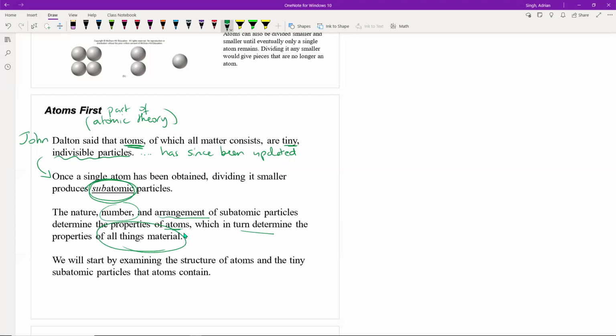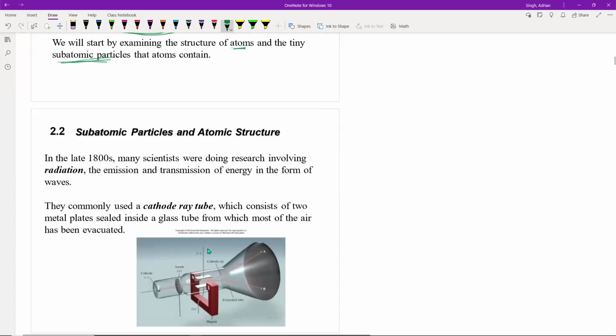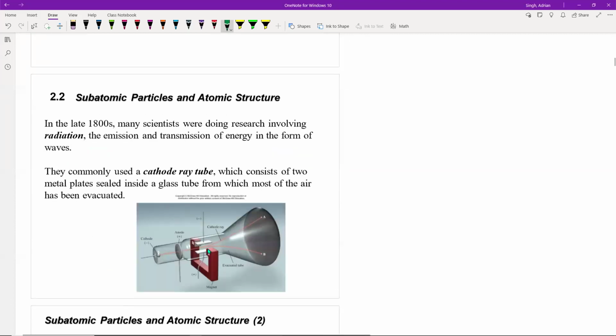We will start by examining the structure of the atoms, and then what the atoms are actually made up of, these tiny subatomic particles that are key to the behavior of atoms. So let's take a look now at some of the earliest experiments that helped us figure this out.